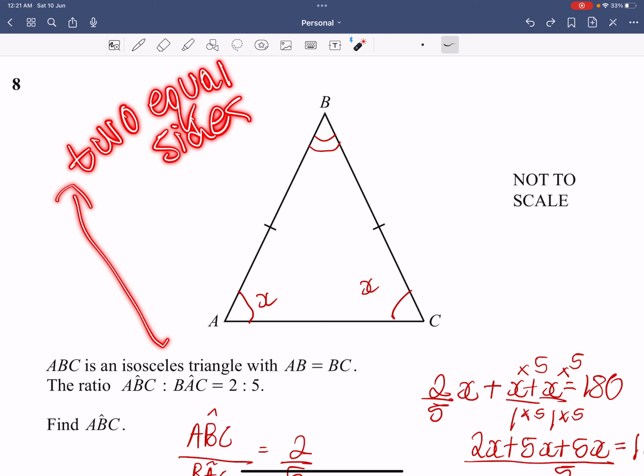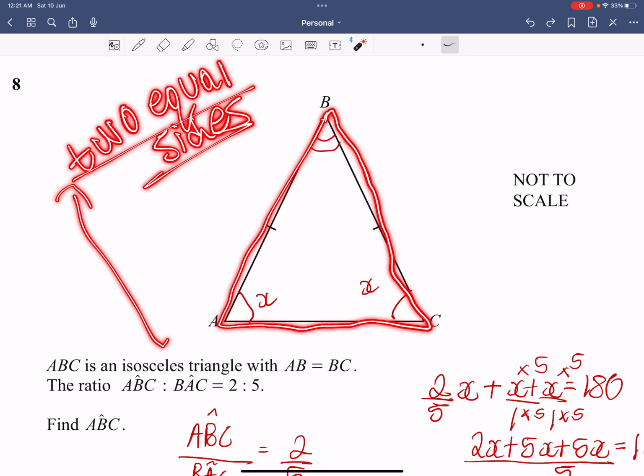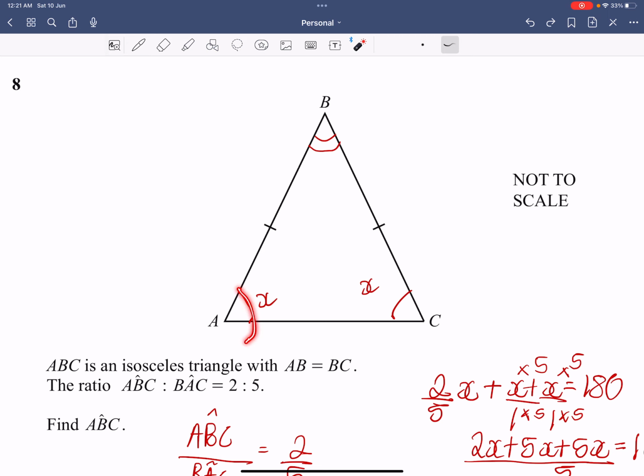So imagine if this was the triangle ABC, the 2 equal sides will be AB and BC, and the angles opposite to these sides will also be equal. So if this was x, as I marked here, this would also be x. Since these sides are equal, the angles opposite to these sides will also be equal.